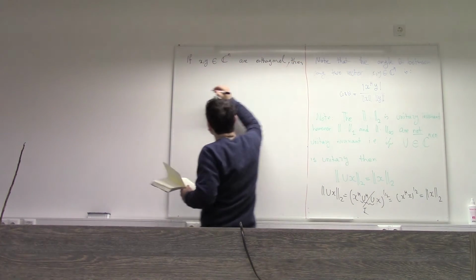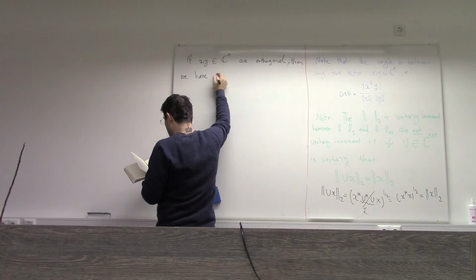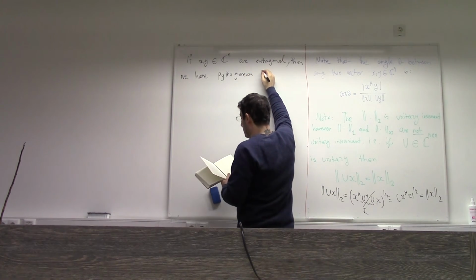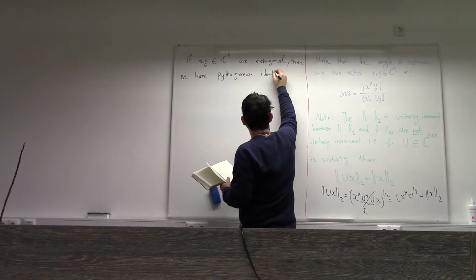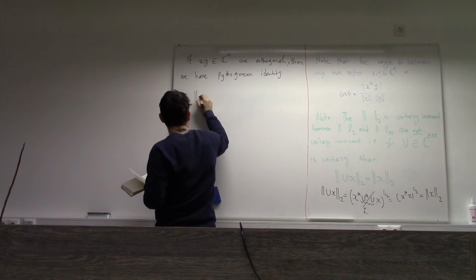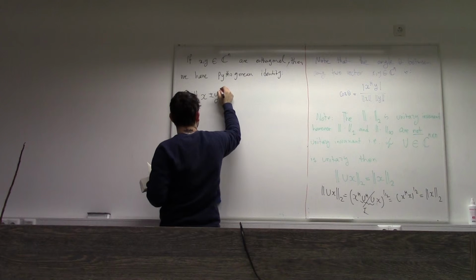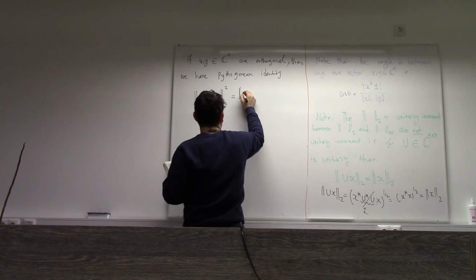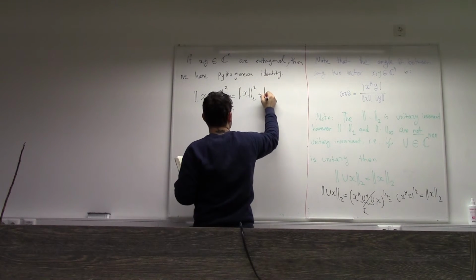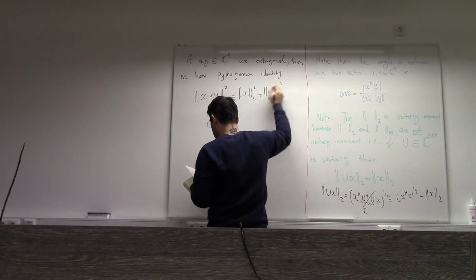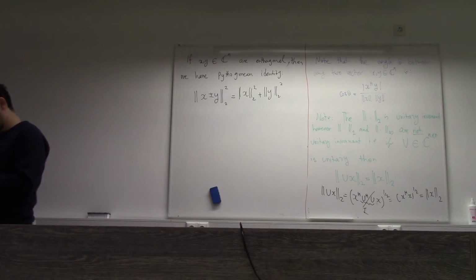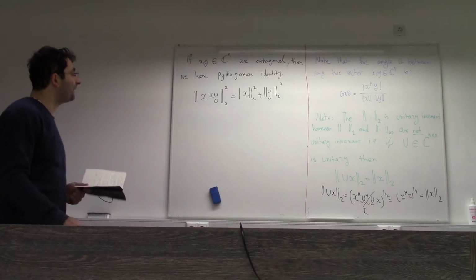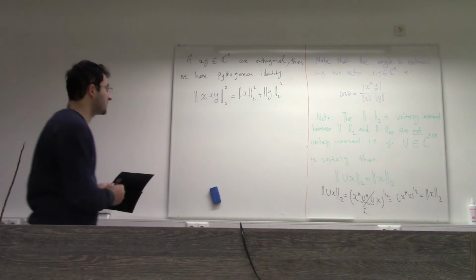Then we have the Pythagorean identity, which means the norm of x plus or minus y, squared, is equal to the norm of x squared plus norm of y squared. So if x and y are perpendicular to each other, we have the Pythagorean theorem, right? This right angle triangle, right?